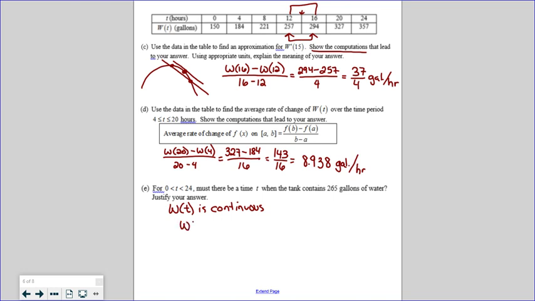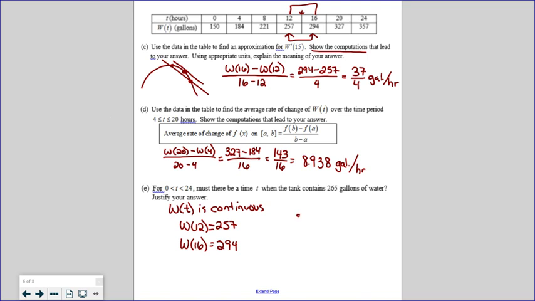And also, W of 12 equals 257. And W of 16 equals 294. Okay, and again, I picked those two strategically because they're on either side of 265. You can pick any values on either side of 265. So this combination right here is what I need to say.